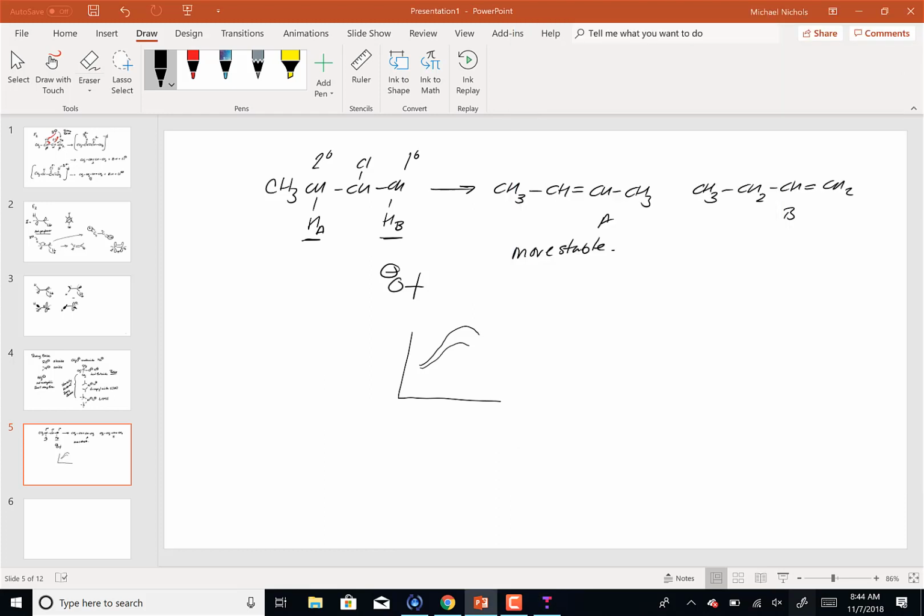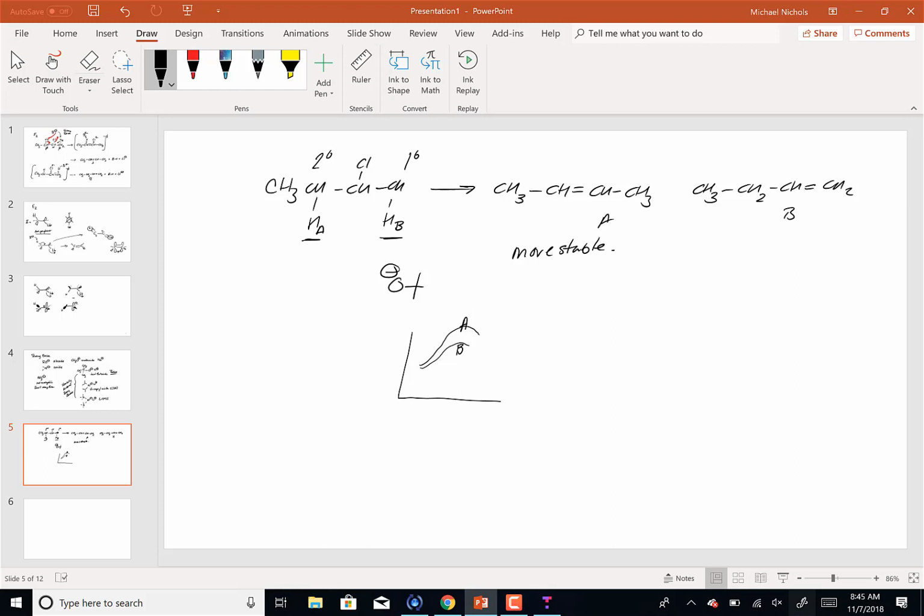Because of the steric hindrance, it's going to be easier to get to HB. What does easier mean? It means having a lower energy. So this would be removing HB. That transition state would be removing HA. Because for the Tert-Butoxide to go into the middle of the molecule and remove the hydrogen, there's going to be more steric hindrance.